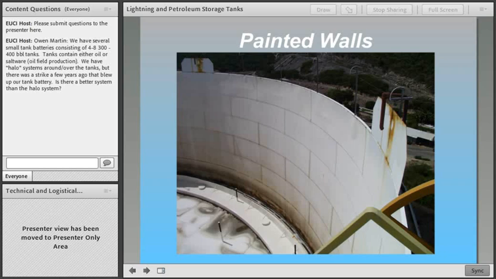Conversely, if a customer has painted the tank, then you would have shunts rubbing up against a painted surface. And so again, you do not have a good electrical connection if paint is in the connection. This would be a high resistance connection between the roof and the shell.